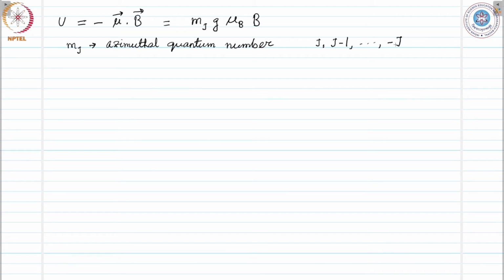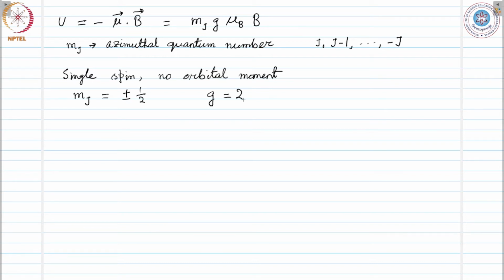For a single spin, and if it does not have any orbital moment, then m_J, as we know, is only plus minus half, and we know that g equals 2, then U would be plus minus mu B times the magnetic field.